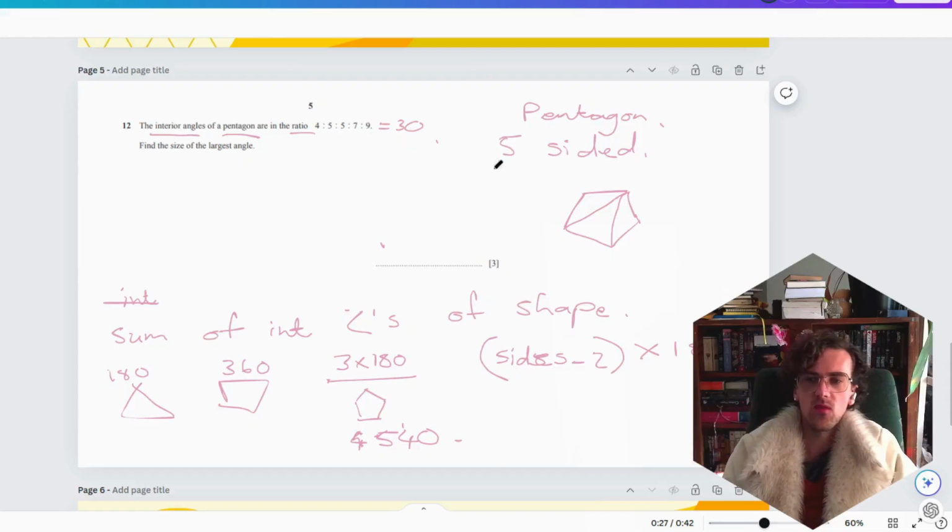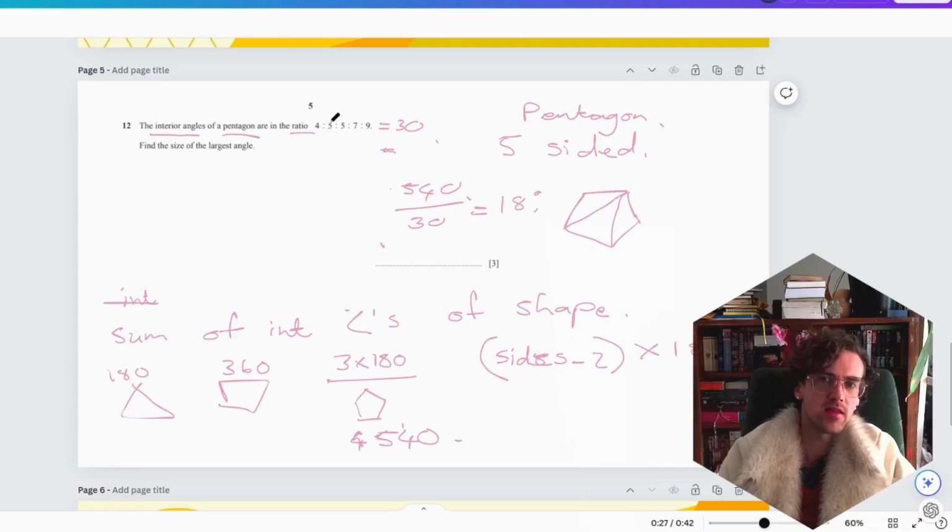So what we're going to do is work out 540 divided by 30. So that 18 represents one part in the ratio.